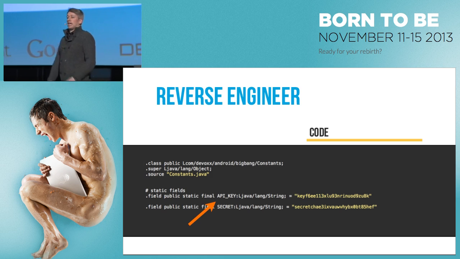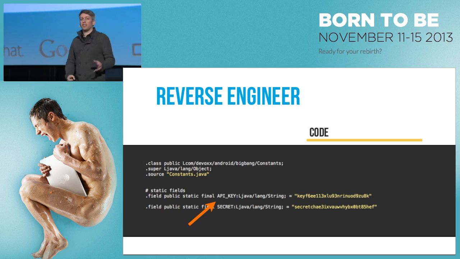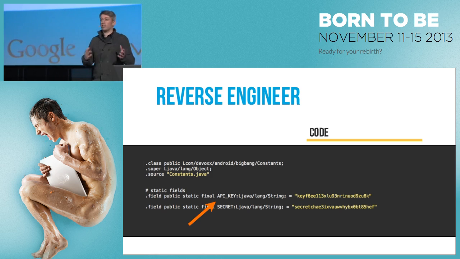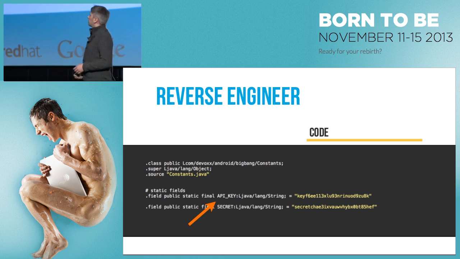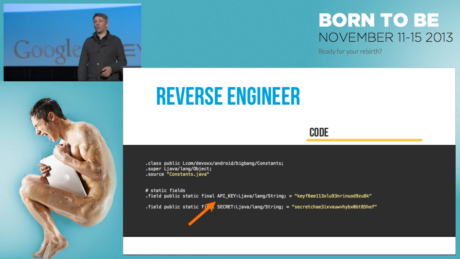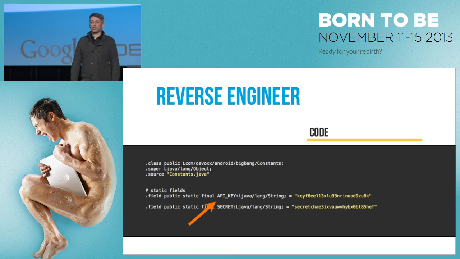But you see that if you don't take precautions, things like your API keys, your secrets, all the data that you really want to keep hidden, just stick out in the open. And you saw it's like a one-minute task to get this far and start looking through your code. So that's why obfuscation is important.